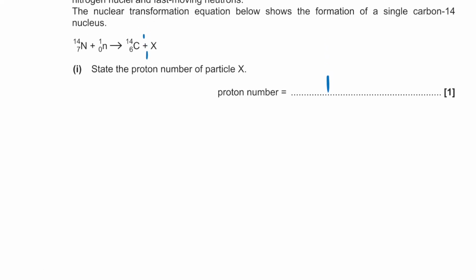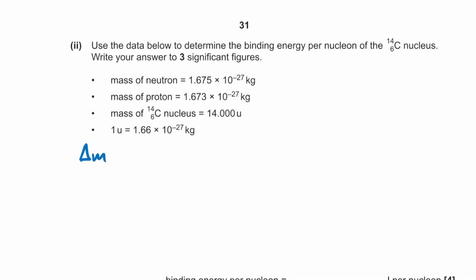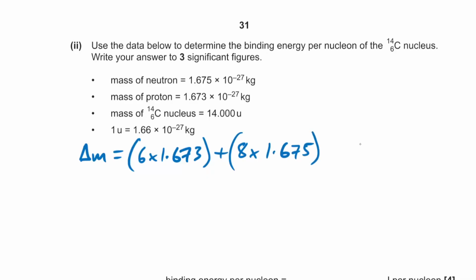So the difference in mass between the constituents and the actual nucleus as a whole is going to be equal to, well, we know that particles by themselves are heavier, so 6 protons, so 6 times 1.673 times 10 to the minus 27. Everything's times 10 to the minus 27, so we're going to leave it as that for now, plus 8 times the mass of a neutron, again times 10 to the minus 27, minus the actual mass of the nucleus.